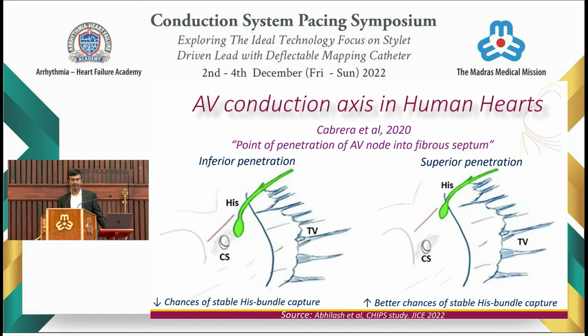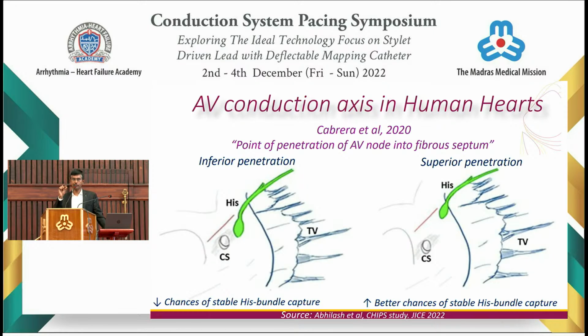What he had highlighted, he had looked into, was the location of penetration of the AV node into the membranous septum. So remember, when the AV node penetrates the membranous septum, that's the start of the His bundle. So basically what he was looking at is the location of the His bundle from the right side of the heart.